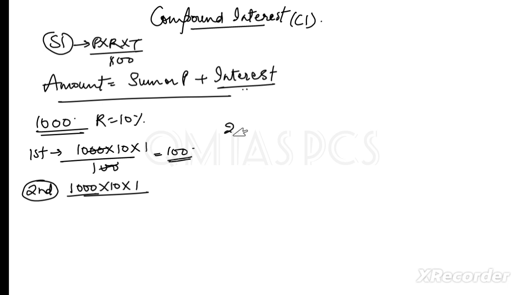There is a difference between 2 years and second year. 2 years means I am counting 2, and second year means just consider the second year only. So again we will get 100.